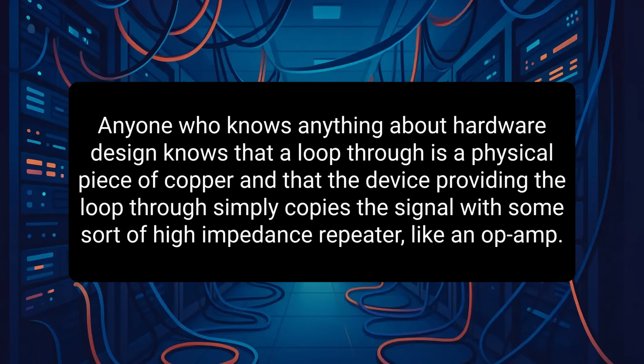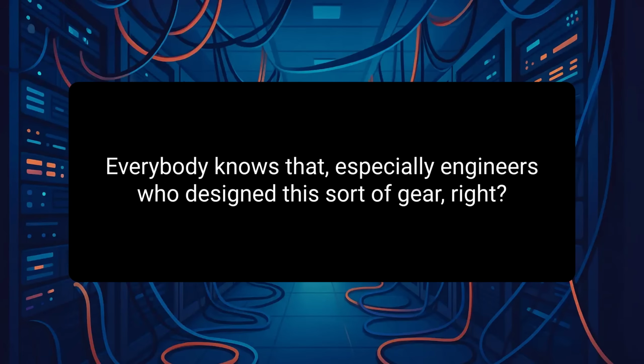Oh, wait. F. Anyone who knows anything about hardware design knows that a loop-through is a physical piece of copper, and that the device providing the loop-through simply copies the signal with some sort of high-impedance repeater, like an op-amp. Everybody knows that, especially engineers who design this sort of gear, right?